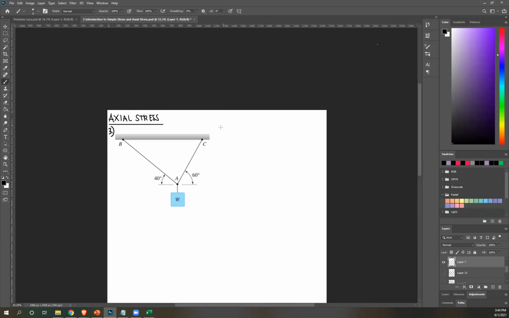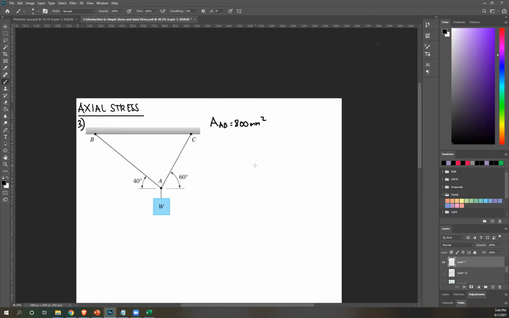Okay. So cross-sectional area of AB was 800 millimeters squared. Cross-sectional area of AC is 400 millimeters squared.